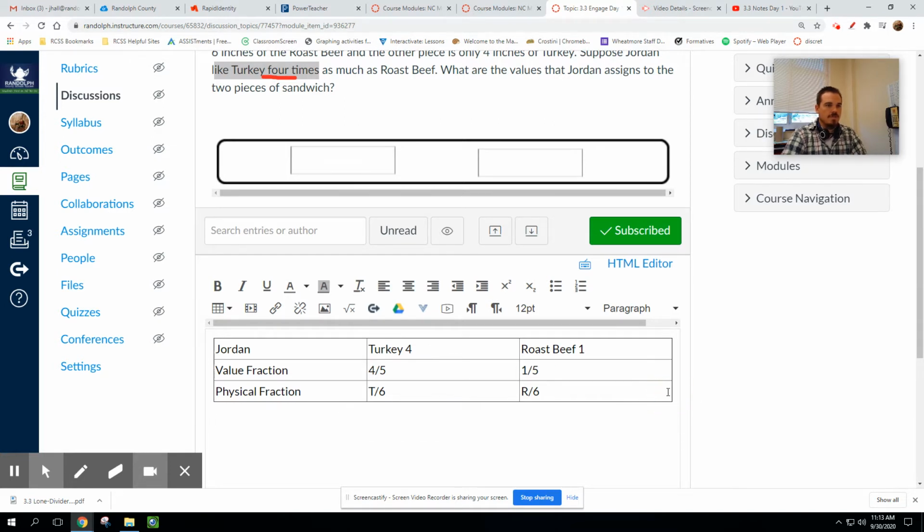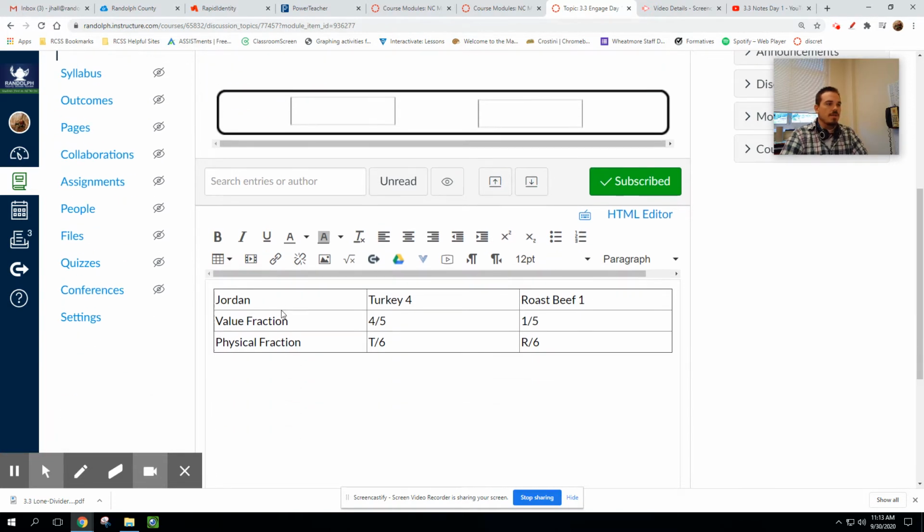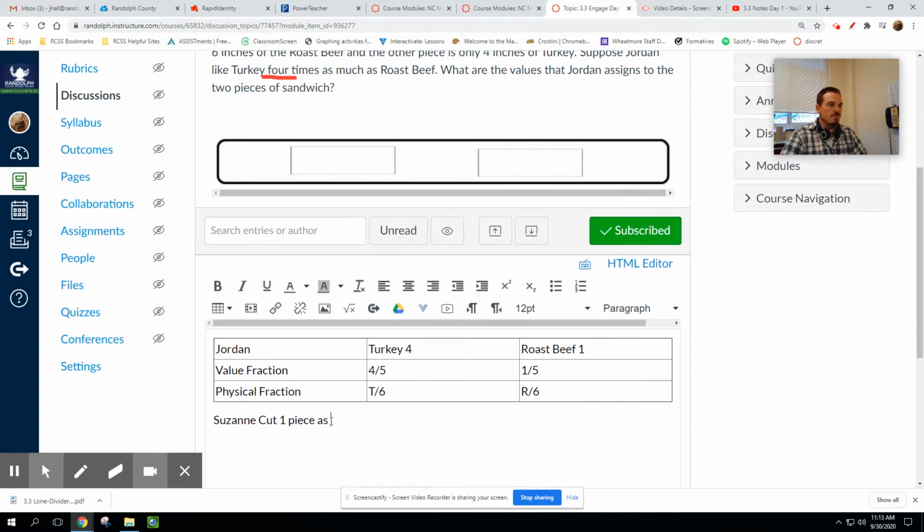Once we have his table, what we can do is now find the value of the 2 pieces of sandwich that we know Suzanne cut. So Suzanne cut one piece as 2 inches of turkey, 6 inches of roast beef. So how about we just say cut 1 value, and we'll do Jordan's.